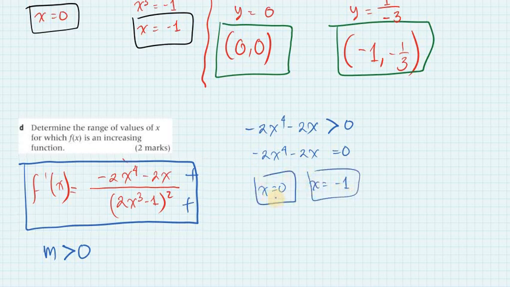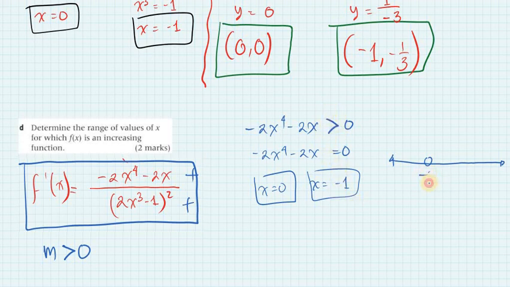So we just need to draw this on the number line. Wait, it should be this one. It's not filled in, because it doesn't contain the equal sign.